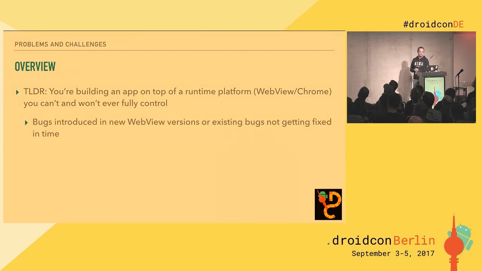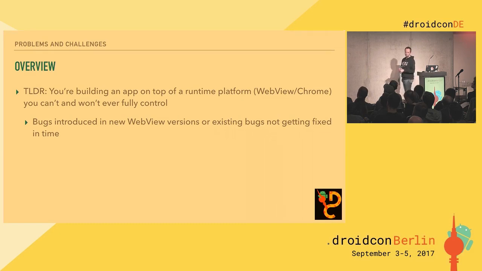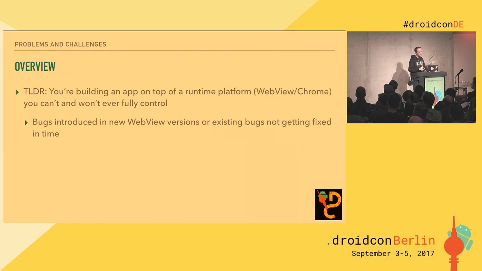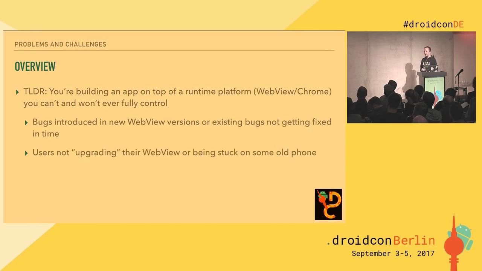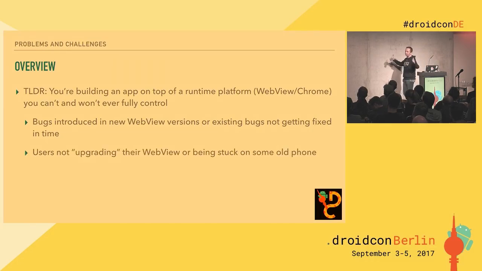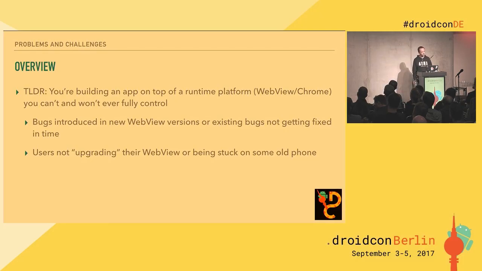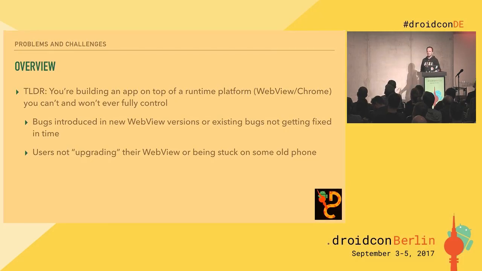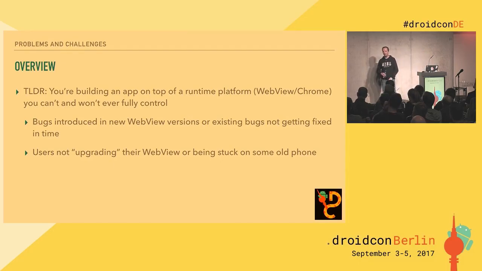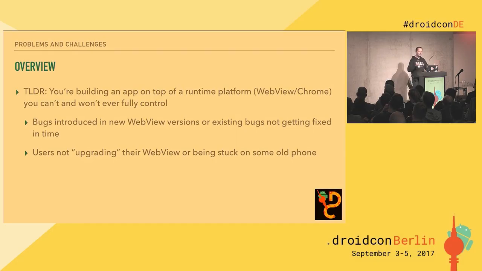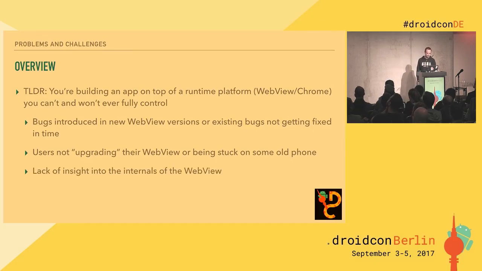Typical issues: you might run into bugs introduced in the web view, or existing bugs just not getting fixed because no one cares enough to fix your problem. You find users not upgrading their web view because they don't upgrade their apps and they're still using Chrome 29, for example. Or they can't because they're stuck on some super old phone they imported from China that doesn't get any updates at all because it doesn't even have a Play Store, and there are tons of crazy scenarios.